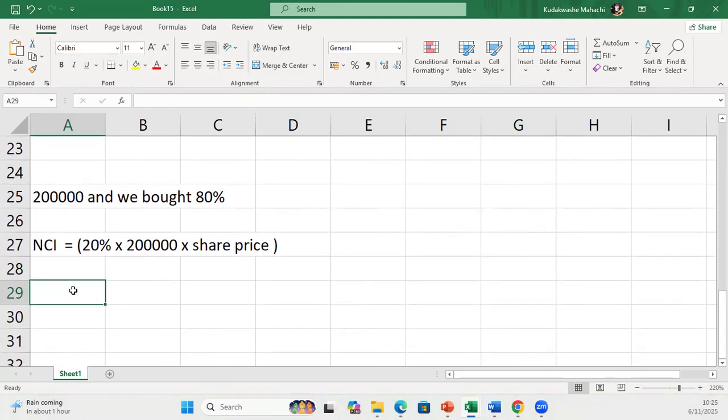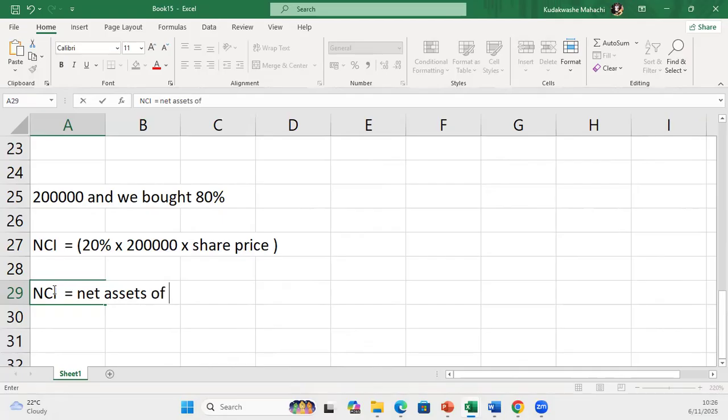Or optionally, if you know the partial goodwill method, you can be given net assets. You would say net assets of the subsidiary times the percentage of NCI.